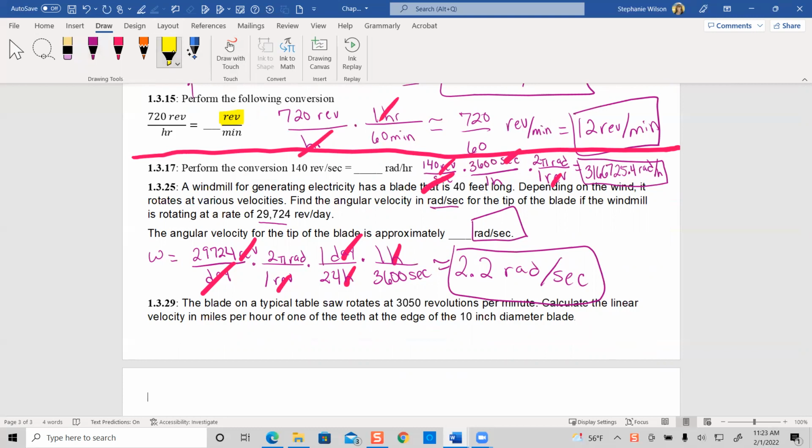So we're solving for miles per hour. Again, we got 3,050 revolutions per minute of one of the teeth at the edge of the 10-inch diameter blade. All right. So remember our formula that we're going to be working with, this little s equals alpha r, radius.